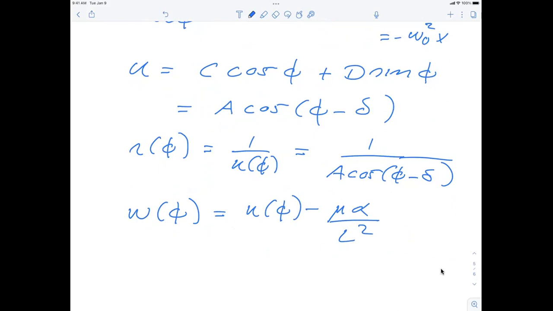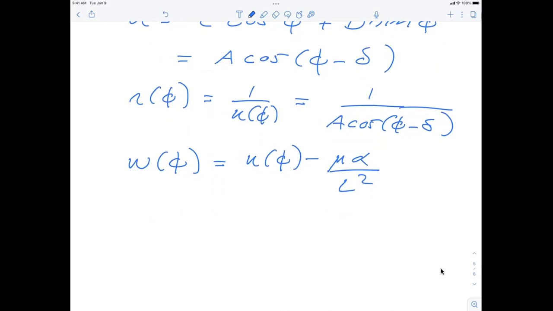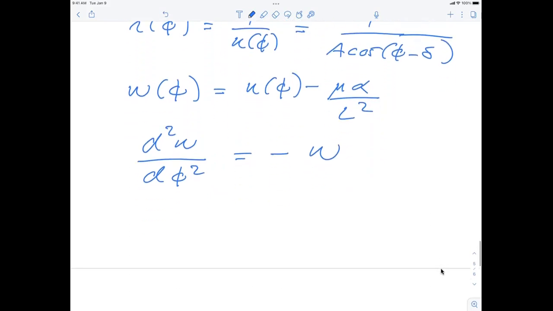This means that when you plug this one into the differential equation, the second derivative with respect to phi of w is simply going to be equal to minus w. So when we solve it, w is going to be equal to some constant, let's call this b, times a cosine of phi minus delta, I just use the same name here.